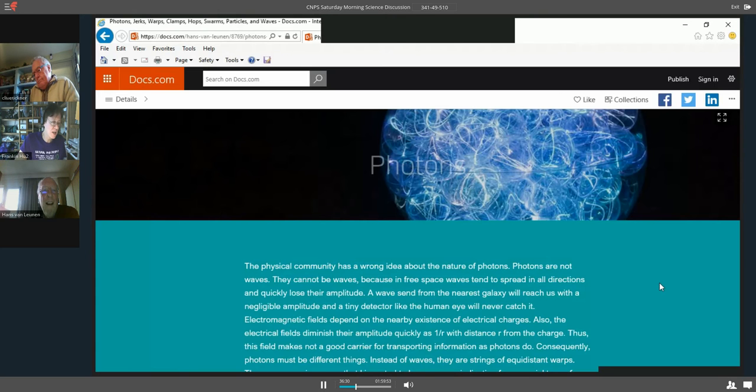Well, I think that's a very interesting observation that starlight travels millions of light years to reach our eyes here on Earth. And we commonly think of electromagnetic waves as decreasing as 1 over r squared.